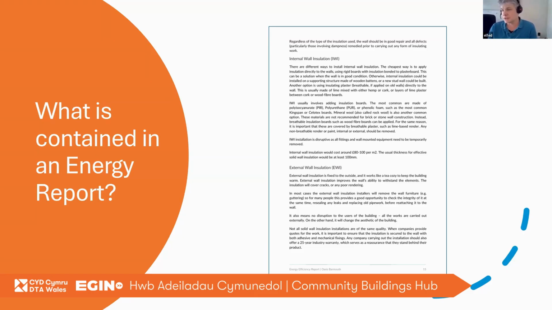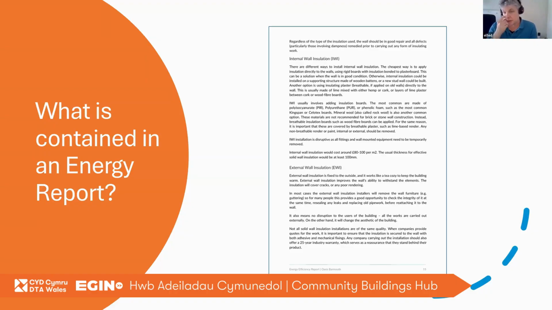You don't need planning to do internal wall insulation, for example, unless you've got a Grade 2 listed building. Similarly, if your property goes straight onto a pavement, you'd have to get permission from the council, who I believe own the pavements, to actually extend the line of your building further on into the pavement.